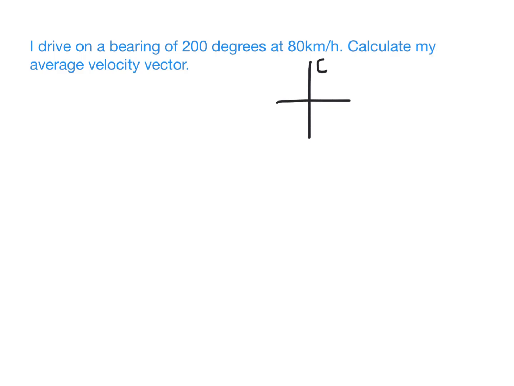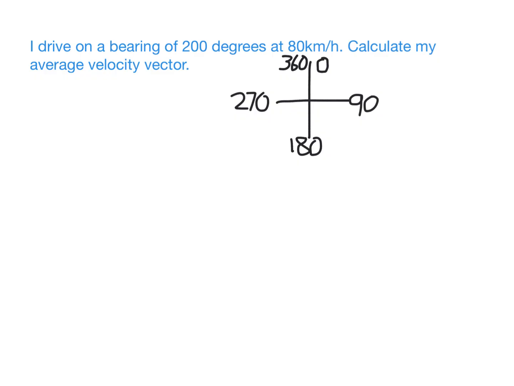So bearings actually start here at 0, then they go 90, 180, 270, and then we get back up to 360, which is the same as a 0-degree bearing. Of course, for the unit circle and the way that we represent the direction of vectors, we have 0 here, 90, 180, 270, 360. So bearings go clockwise, whereas our normal angle goes anti-clockwise.